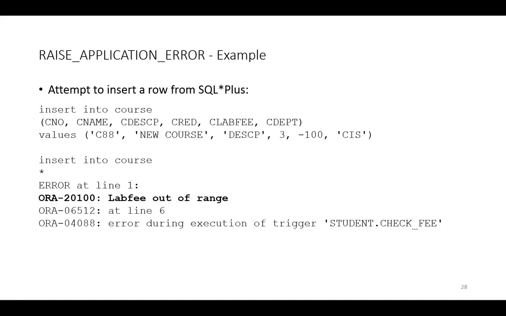If from SQL*Plus or SQL Developer, an interactive tool for submitting SQL, we attempt to execute an insert where we're inserting a value of minus 100 for the lab fee, the trigger will receive this, it will interrogate it, and the IF statement says, oh, this is not allowed, and it throws the exception or raises the application error, and here's the error message: ORA-20100, lab fee out of range.